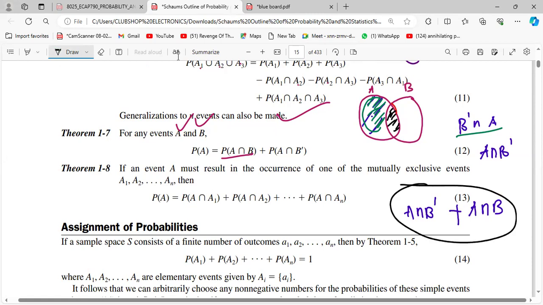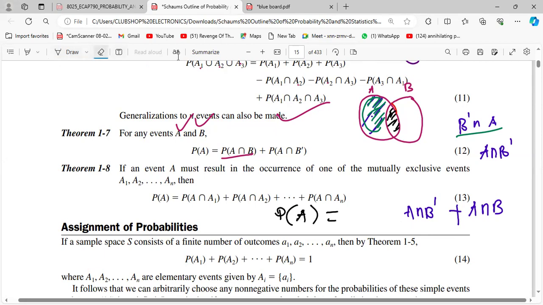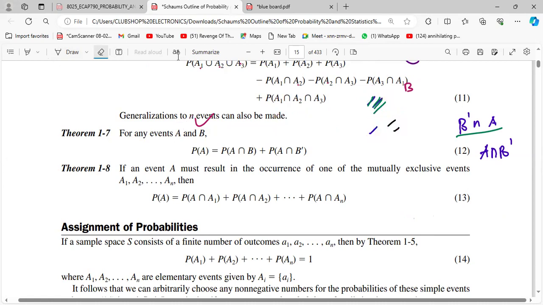So the probability of A would be equal to the probability of this plus the probability of that. Okay, good. So you may need some time to go through and understand, then you let me know of any problems.